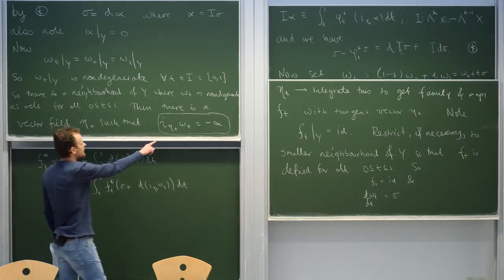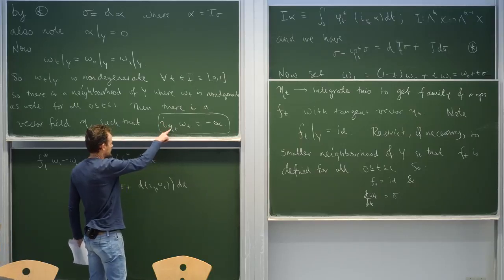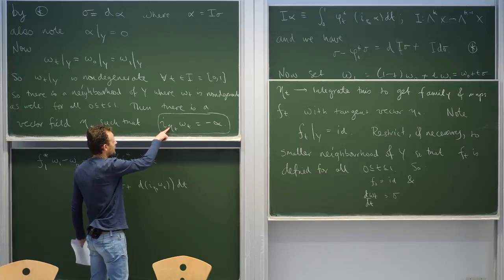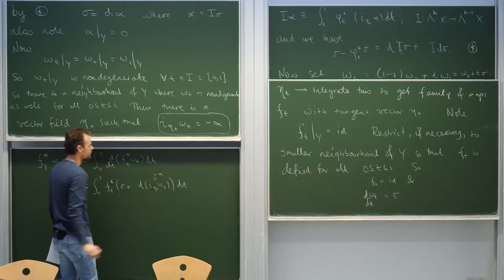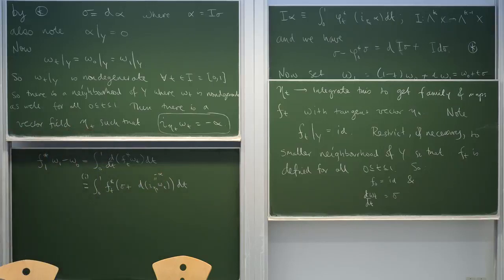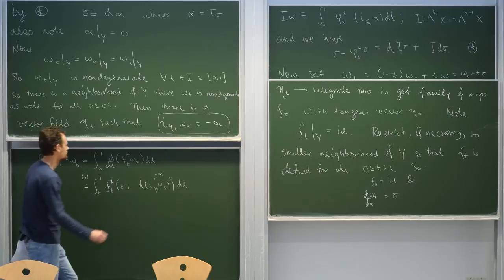But look at this, right? When we apply i of eta_t to omega_t, we get minus alpha in here. But alpha is exact.